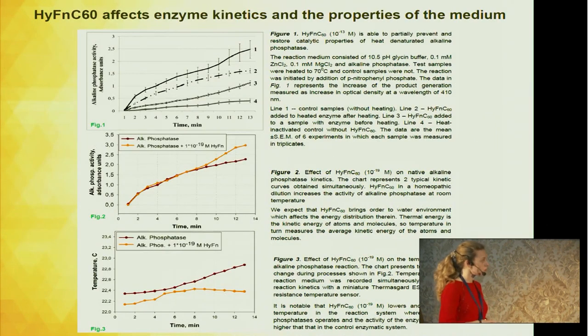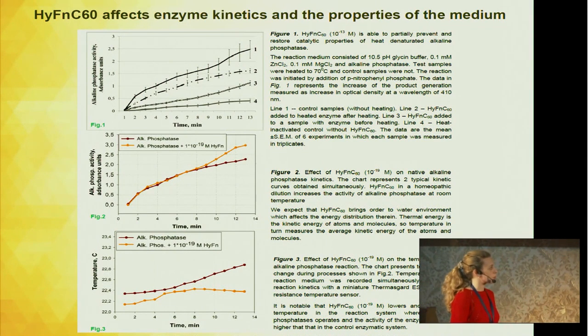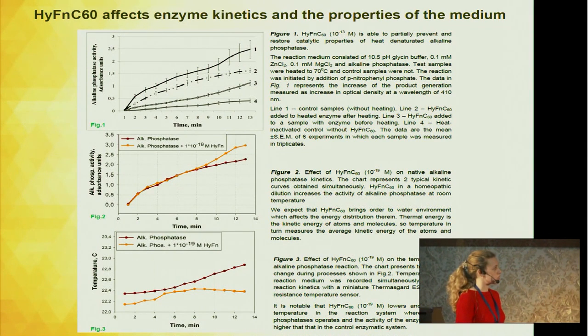This is some illustration of our experiments with proteins that were inactivated by heat. This is the example with alkaline phosphatase. We measured spectroscopic absorption of the product of the reaction that it carries out, and you see that this line indicates the activity of alkaline phosphatase, which is not inactivated by heat, just ordinary alkaline phosphatase.